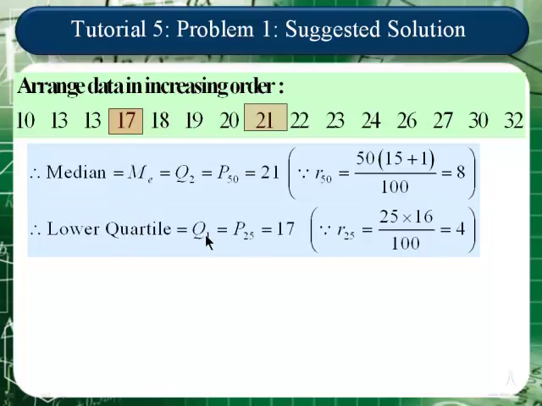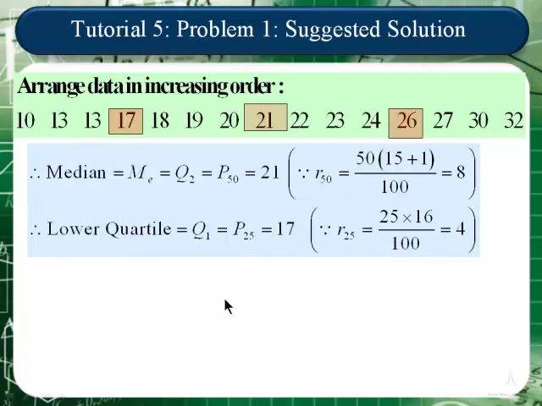That is the lower quartile, or percentile 25. Again, if I use the same formula, I find that the rank is 4. So in other words, 3 of the data values are below and the rest above. So that will be 25% of the data values will be below.